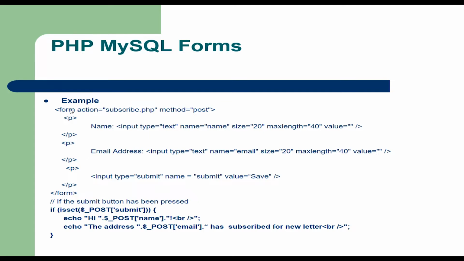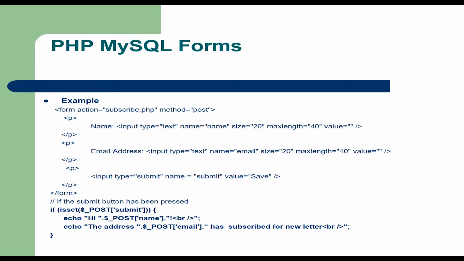We have created a form with action equal to subscribe.php and its method equal to post. Inside a paragraph tag, we have created an input type text and its name is name. Next, we have created an input type equal to text with the name email. And in the last, we have added a submit button. So when the user presses the submit button, we check whether the $_POST array contains the submit button as well.